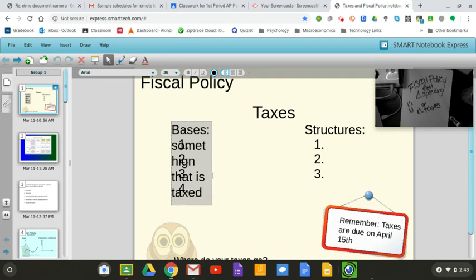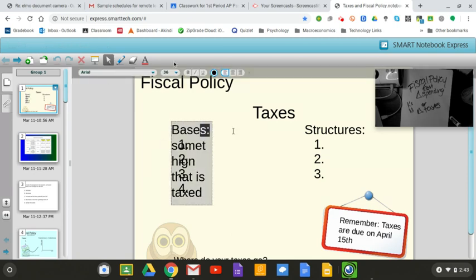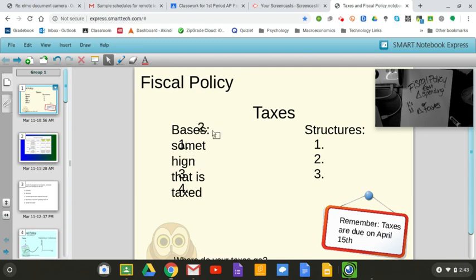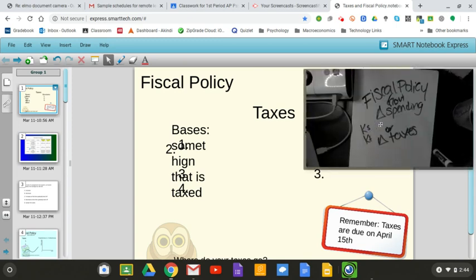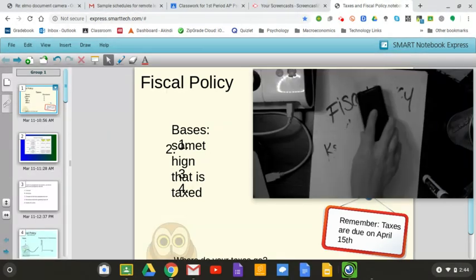I'm already having so much fun with this because this is exactly like this smart notebook software. If you don't have the software, you have to get this kind of crazy version. Okay, well, here's what I'm going to do. I'm going to make this bigger, and then I'm going to erase this.